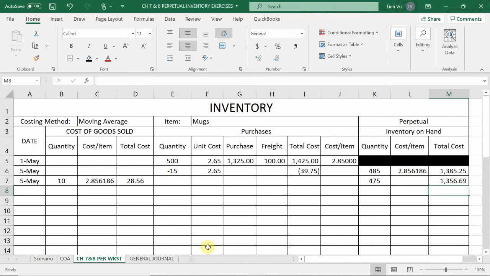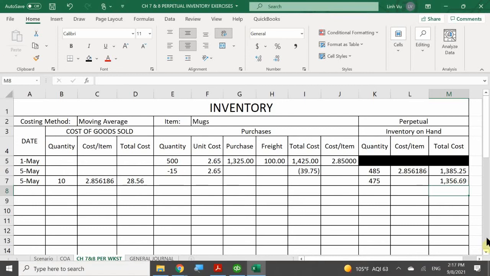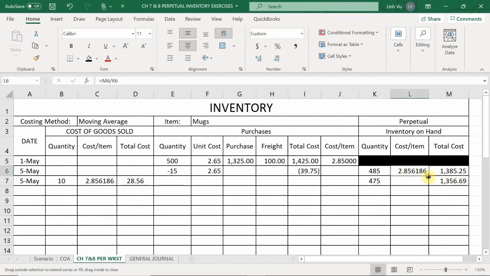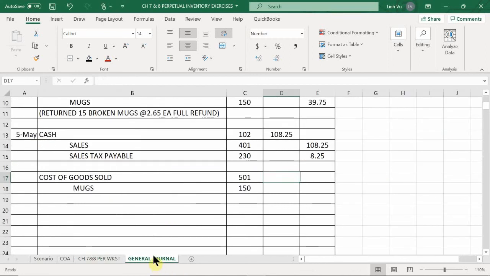Then we must recalculate our average cost per item, which gives you more or less the same number, except your last digit is going to be a 9. So here, we know the cost of goods sold is $28.56, and we need to journalize that.